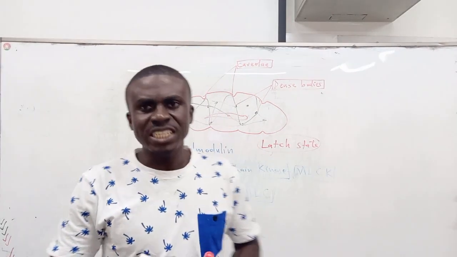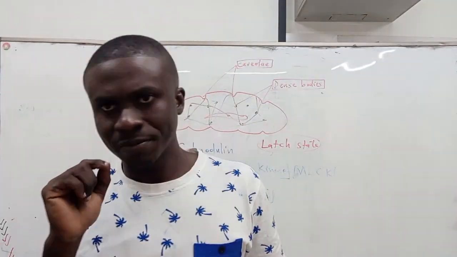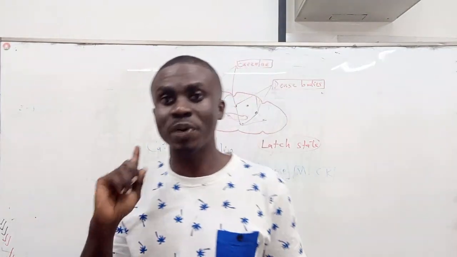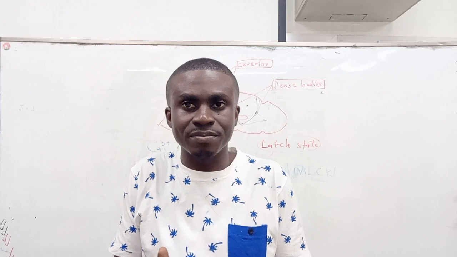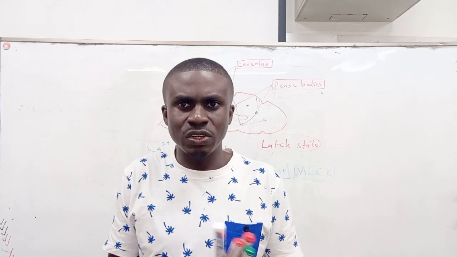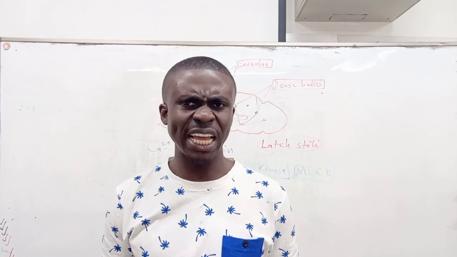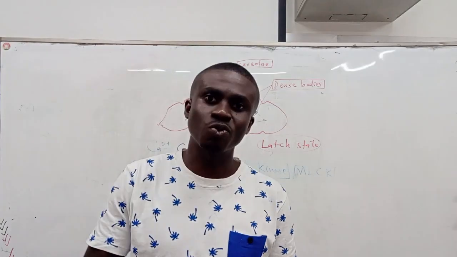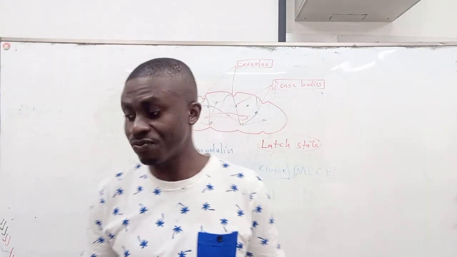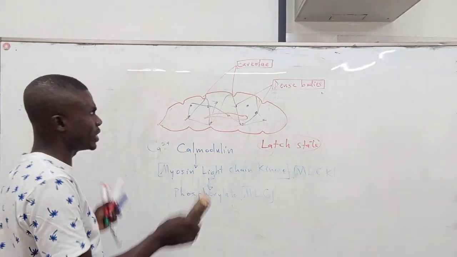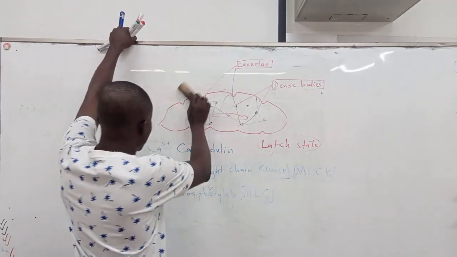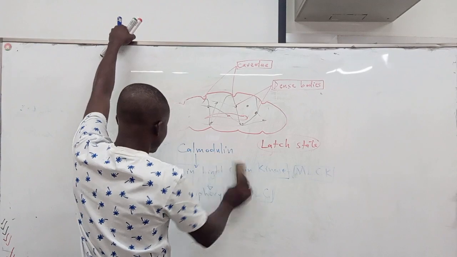So in striated muscle, we talked about rigor mortis. In smooth muscle, that state, because of deficiency of that enzyme, the phosphatase, is what we call the latch phase. So that is one thing that I want you to know, and that is with the muscle contraction that I want you to be aware of.